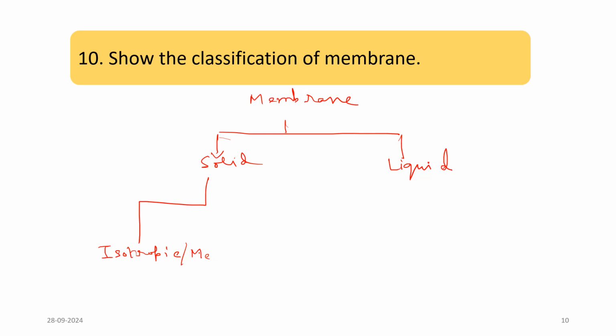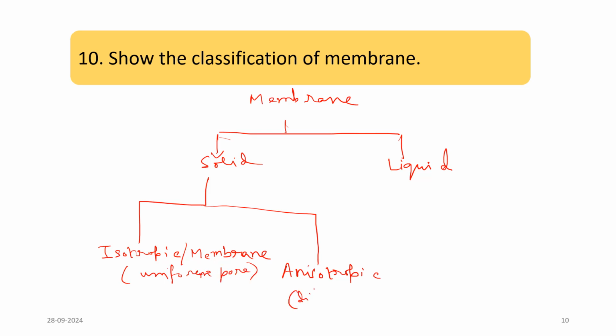And second one is the anisotropic. Anisotropic membrane means the different structure is there. So uniform pore, and this is the different side. And inside the liquid membrane comes the supported membrane.